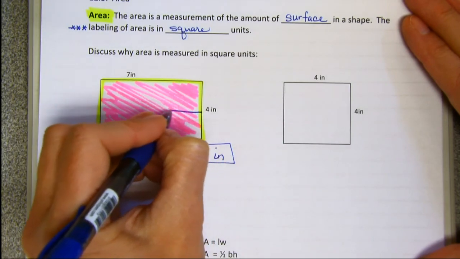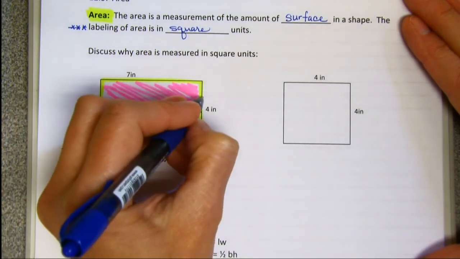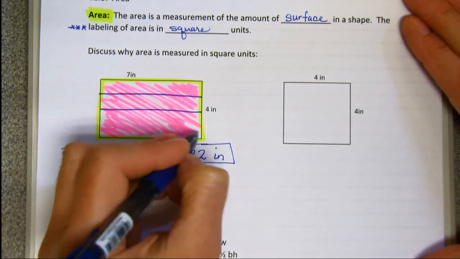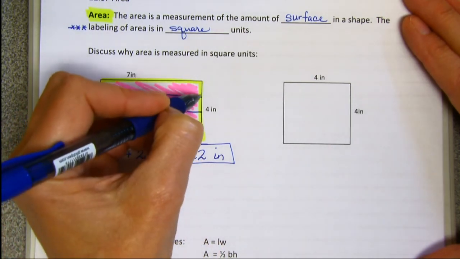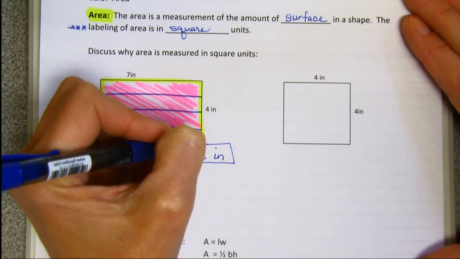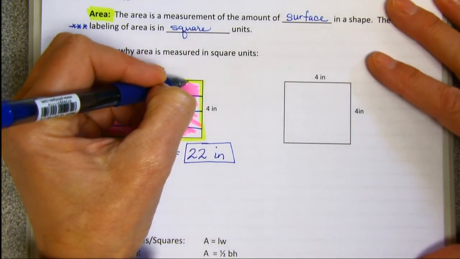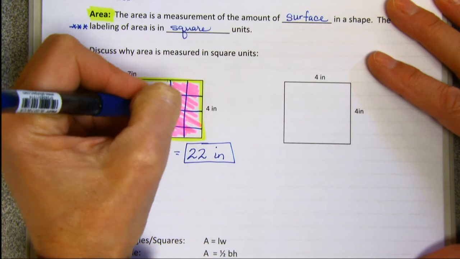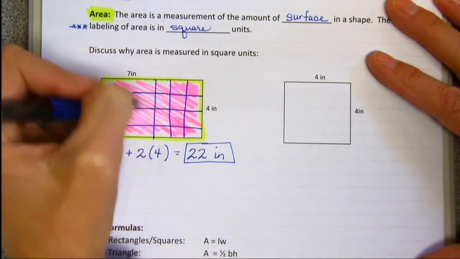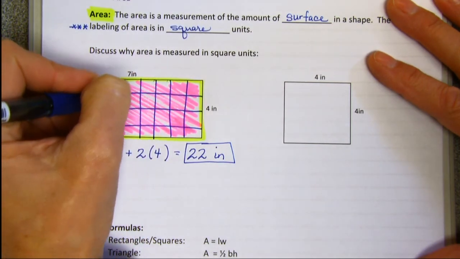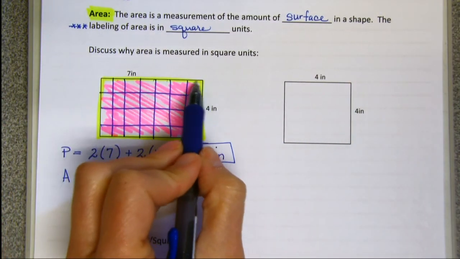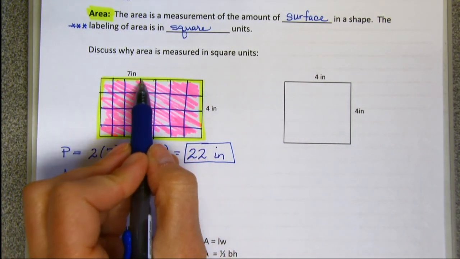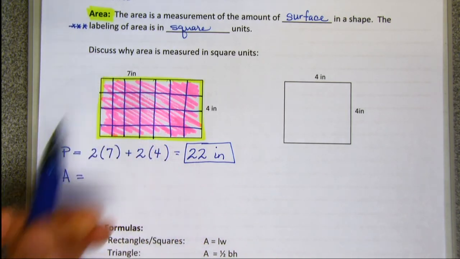So I'm going to divide the width into 4 equal parts. If this is 4 inches, you have 1 inch, 2 inches, 3 inches, 4 inches. The length I'm going to divide into 7 inches. So here's 1, 2, 3, 4, 5, 6, 7 inches.